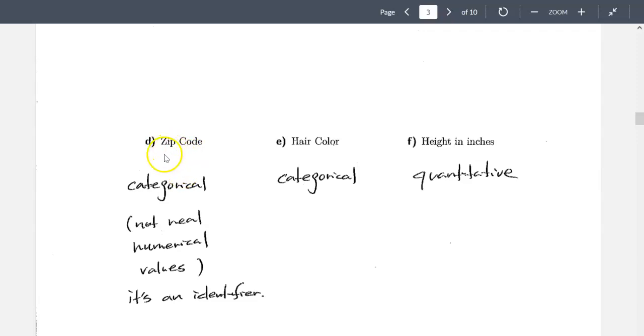Some numbers are just identifiers, like zip code, your ID number, area code, or your phone number. Those numbers are not true numbers in the sense that we can work with them using add, subtract, multiply, divide. So those are considered categorical, and hair color is definitely categorical.